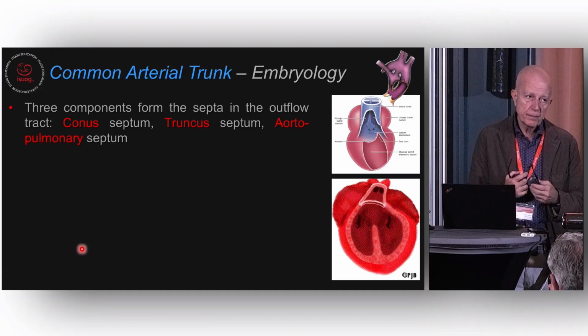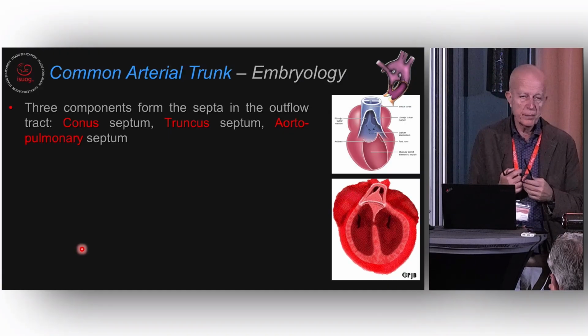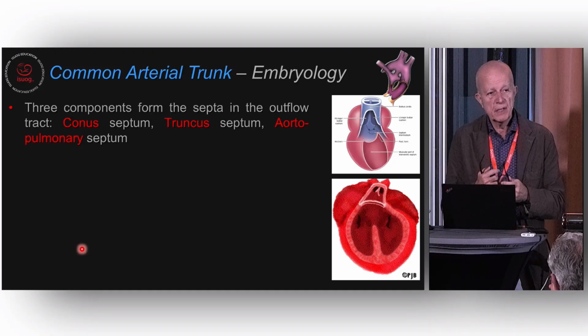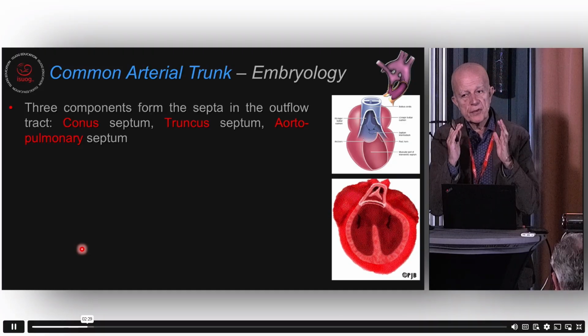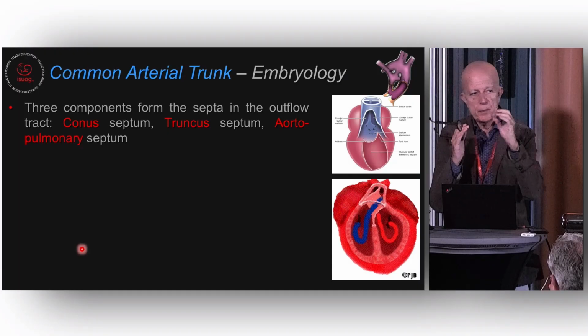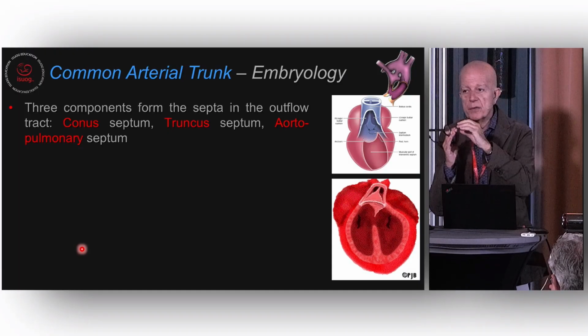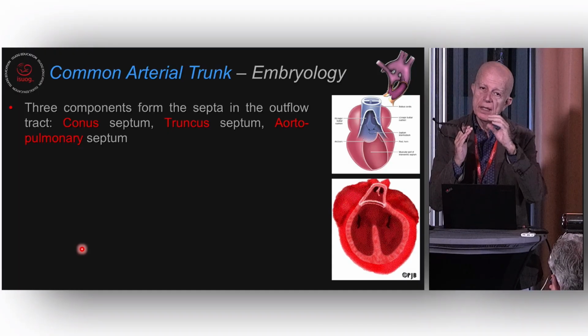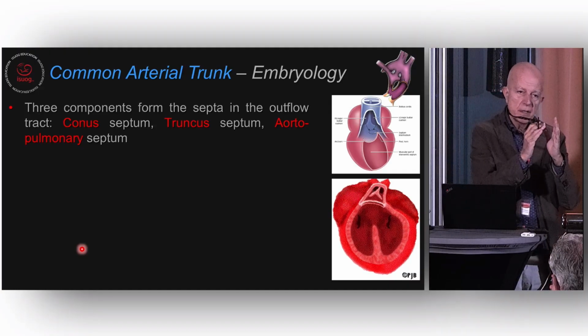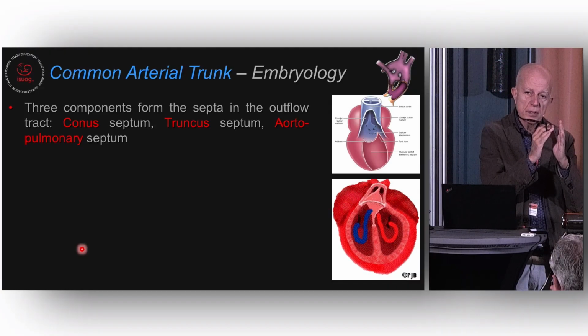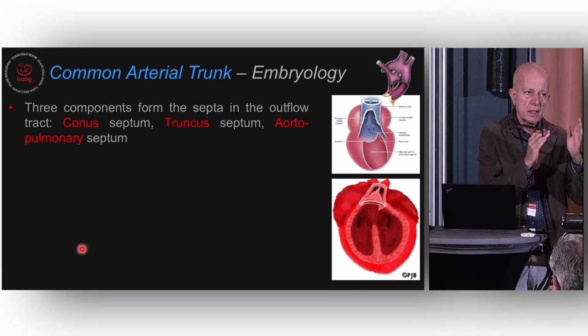A typical feature of all conotruncal malformations, and also of other abnormalities of the fetal heart, is that they represent a stop in the single clip of the development of the normal fetal heart. So in any phase of the cardiac development, if that particular process is halted, that results in a single anomaly.